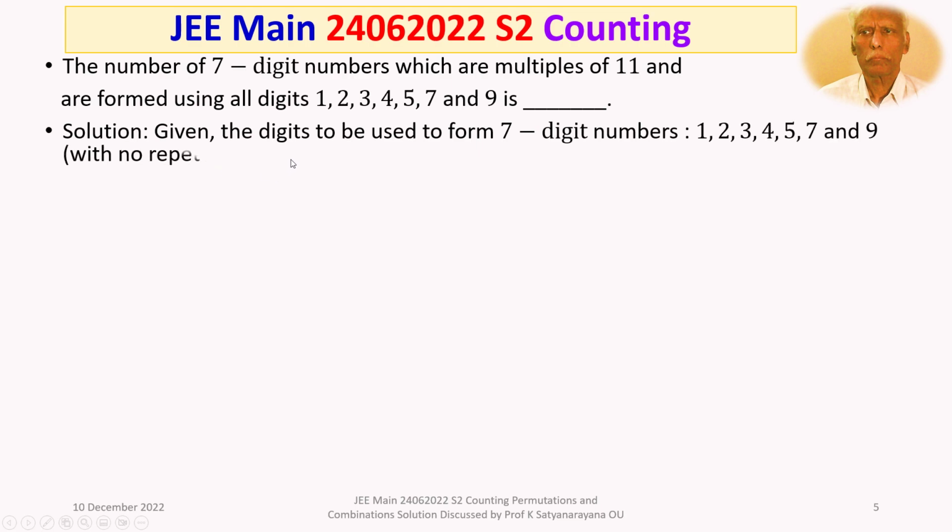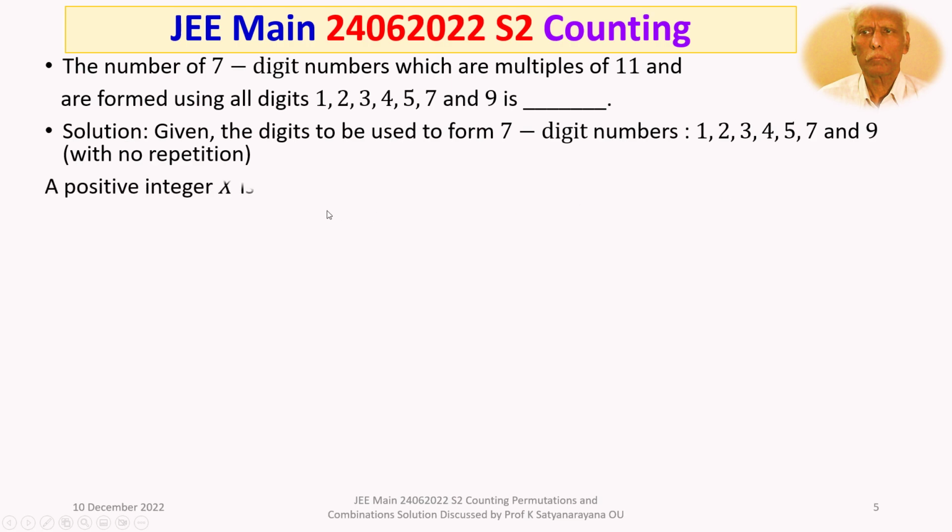Given the digits to be used to form the 7-digit numbers are 1, 2, 3, 4, 5, 7 and 9 with no repetition, note down that the number 6 is not there in these 7 digits.